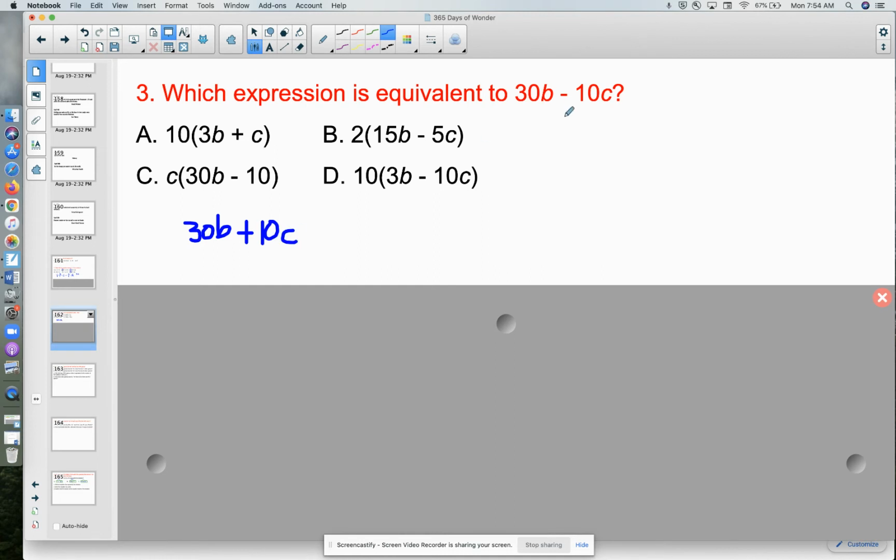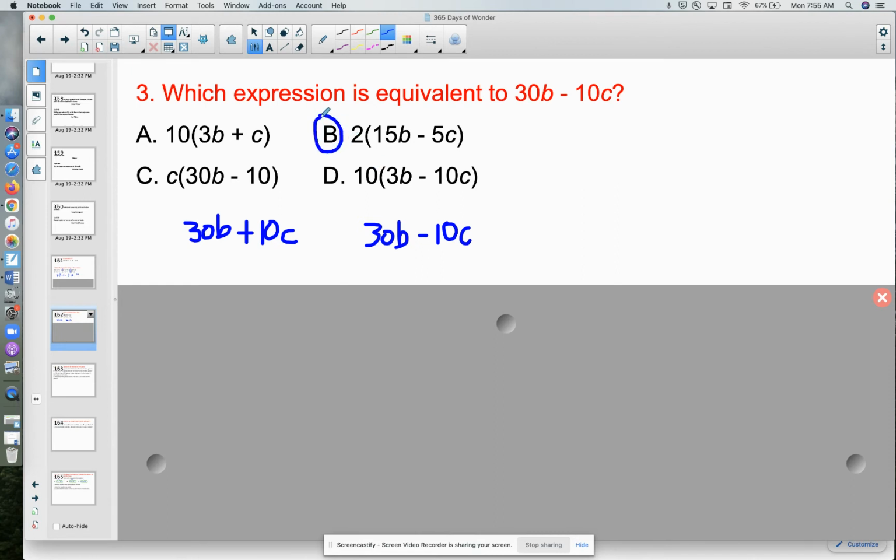So does this match with this? No. Okay, let's do B. 2 times 15b, 30b, minus 10c. Okay, does that match? Yep, that matches.